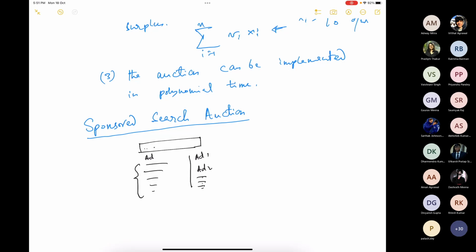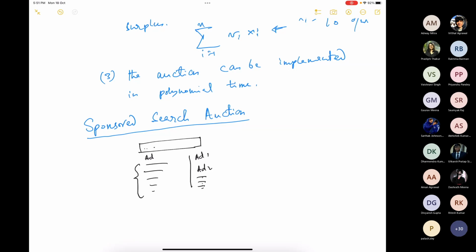And see here the computational requirement: which ads to be shown in which slots must be computed in the time from when the user types the keyword, and within a fraction of a second the results will come. Within that time, the system has to decide which ads to show in which slots.